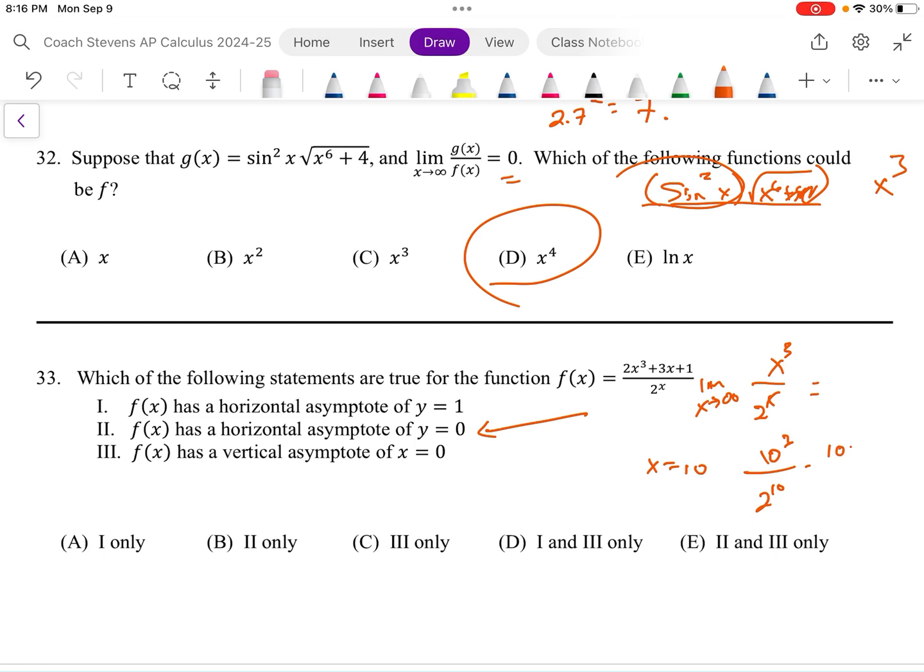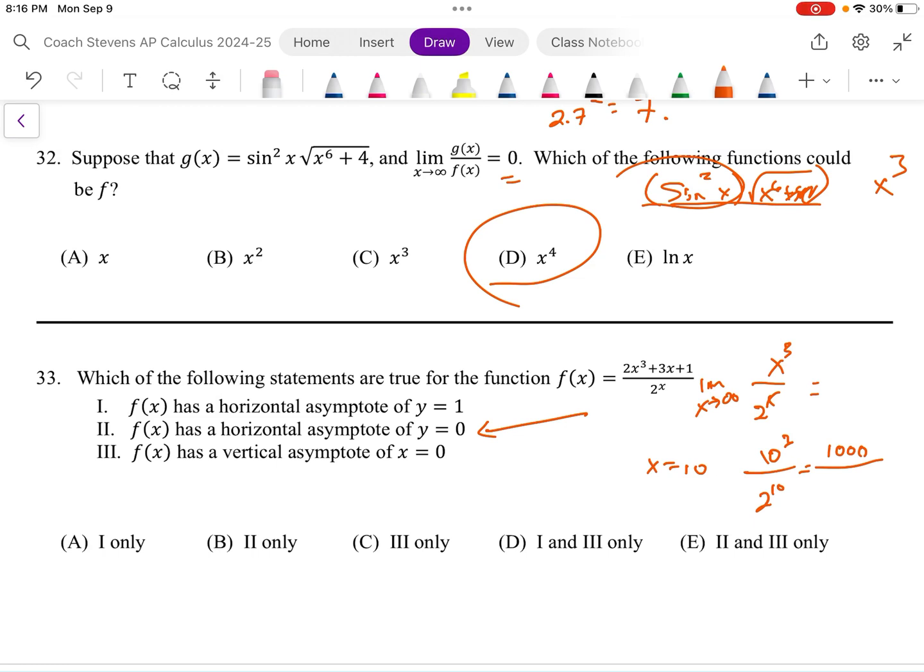So that's 1,000 divided by 2 to the 10th. I don't have a calculator handy. I know that's over 1,000. I think it may be 2048 is what that might be.